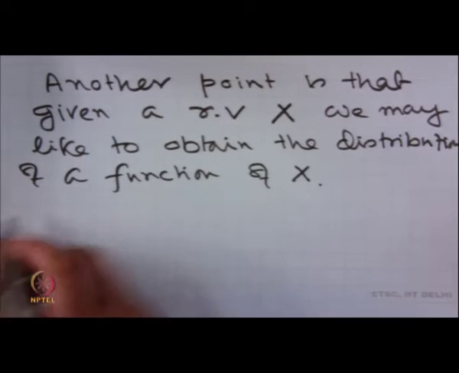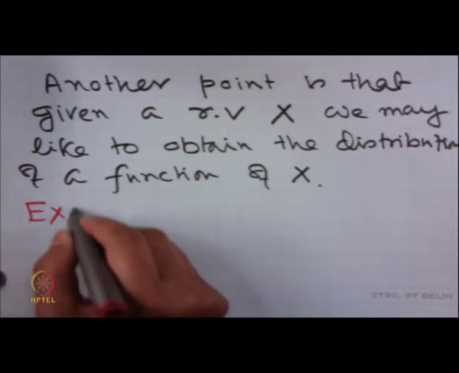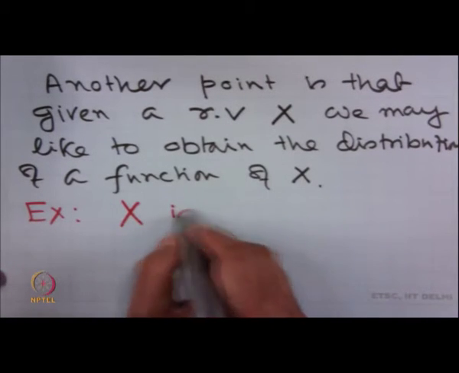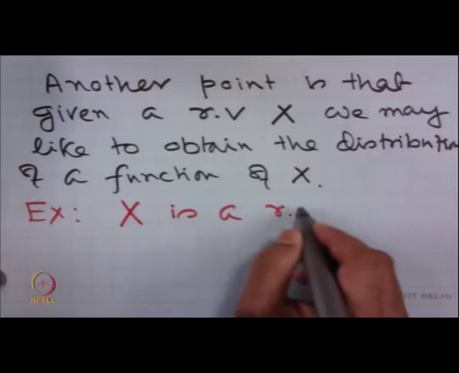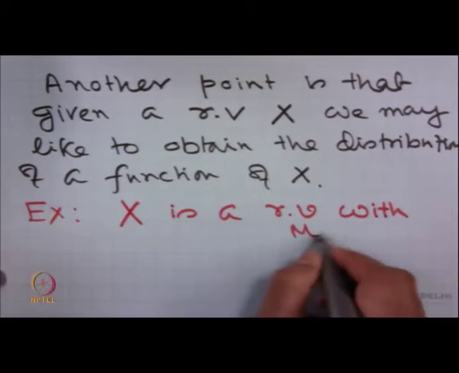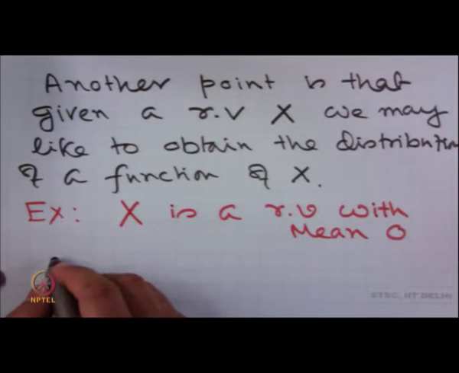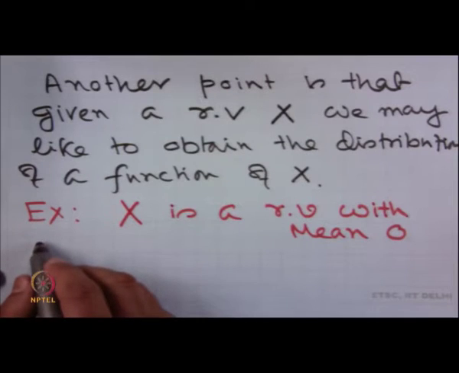For example, x is a random variable with mean 0. Therefore, what is the variance of x?